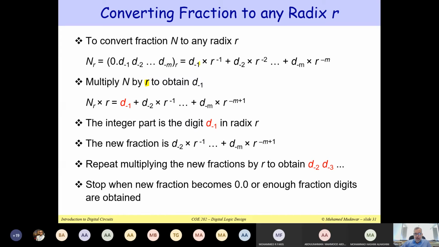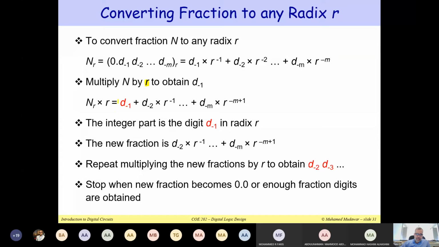When we multiply n by R, I discover d minus 1. If you multiply everything here by R, then R minus 1 multiplied by R will give you d minus 1. Now d minus 2, which was R minus 2, multiplied by R becomes R minus 1, and so on.